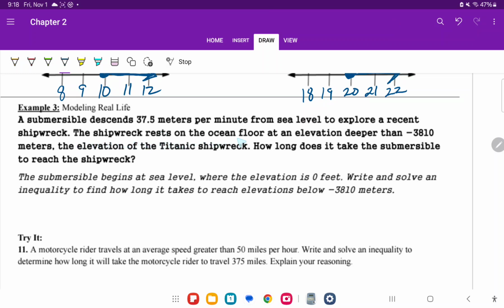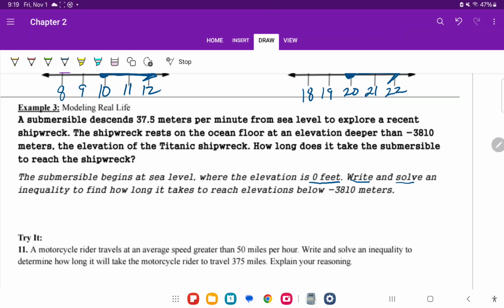The shipwreck rests on the ocean floor at an elevation deeper than negative 3,810 meters, the elevation of the Titanic shipwreck. How long does it take the submersible to reach the shipwreck? The submersible begins at sea level where the elevation is 0 feet. Okay? Write and solve an inequality to find how long it takes to reach elevations below negative 3,810 meters.